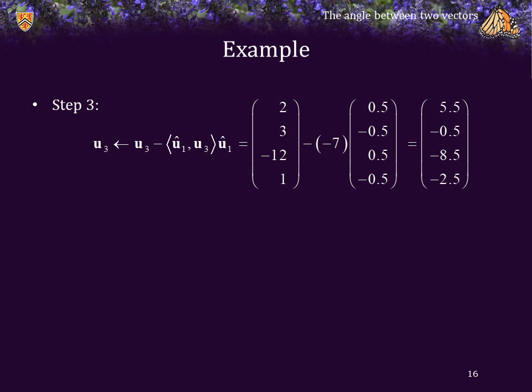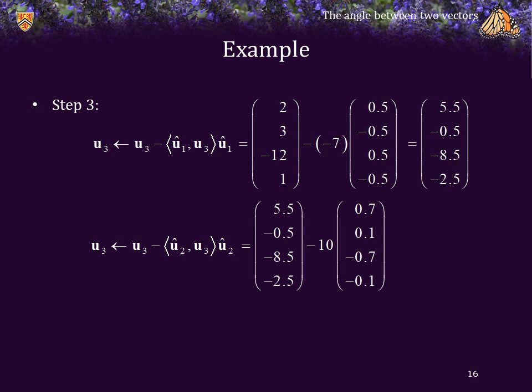Next, taking this new u3 vector, we now replace it with this new vector minus this vector projected onto the vector u2 cap. And so here we see that operation.